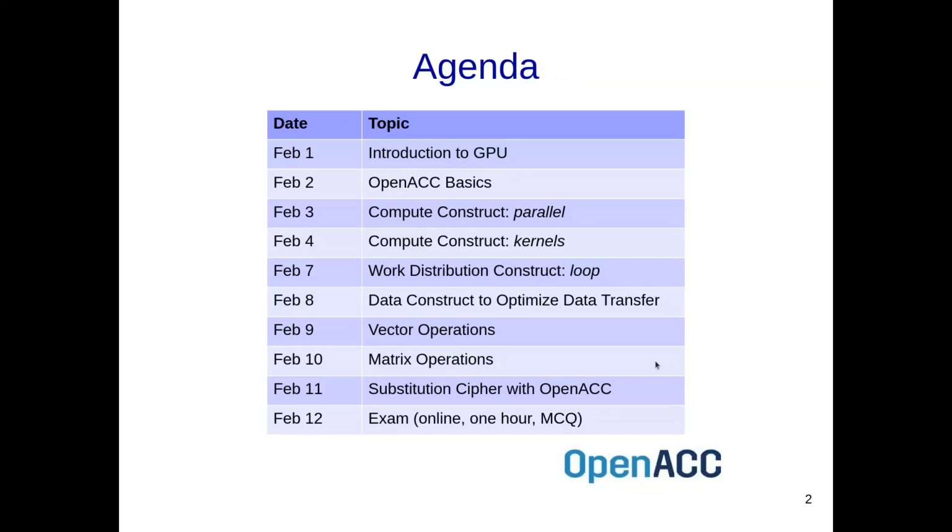February 9th and 10th, we are going to look at vector and matrix operations. These are very common operations which we usually do. They are also often quite data parallel, that is, there is a lot of parallelism and independent computation available in all of these, and many of your applications are likely to make use of vectors or matrices.